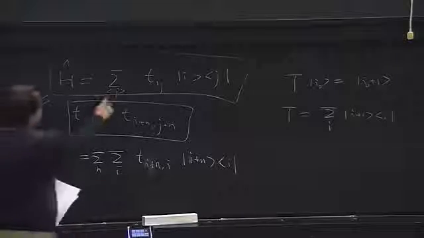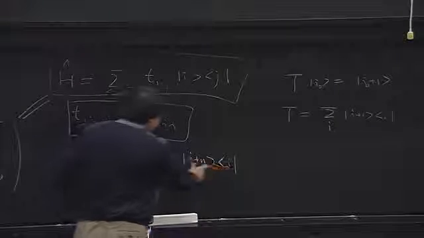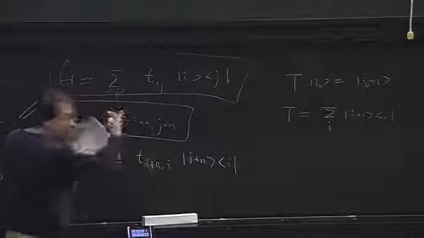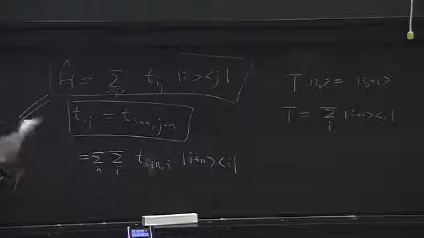Here we sum over i and j, but here we sum over i and i plus n, with i and n summed independently. It's the same summation, just written in a different form.